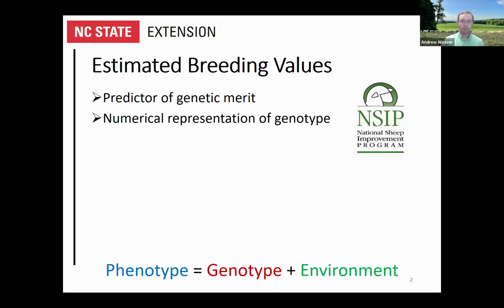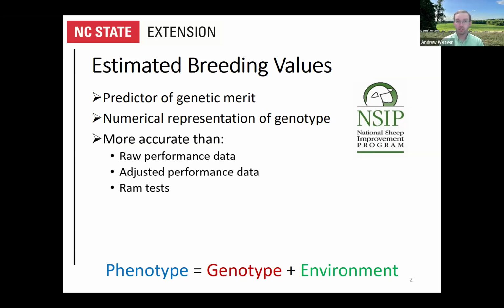And so it's really, at its simplest form, just a numerical representation of genotype. And because it's a representation of genotype, and that genotype is independent of environmental factors, it is a more accurate selection tool than raw performance data, adjusted performance data, and a RAM test. RAM tests, I'm a big supporter of RAM tests.